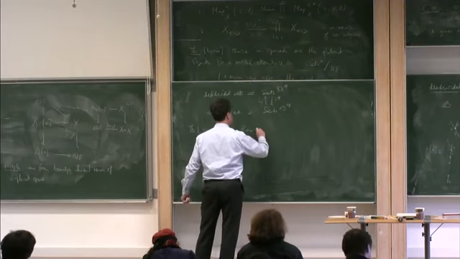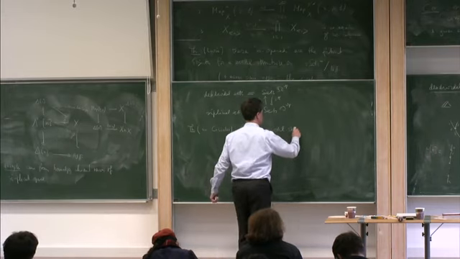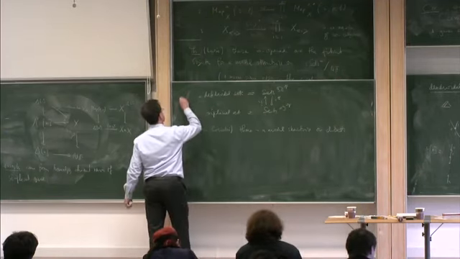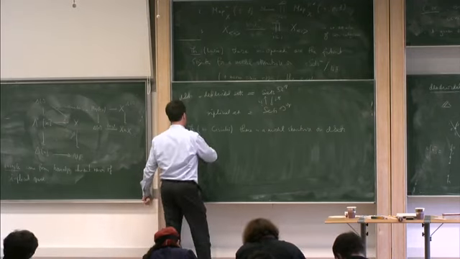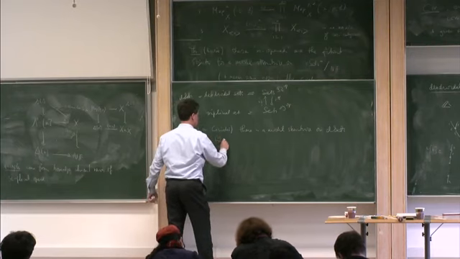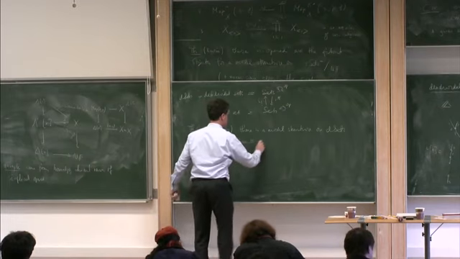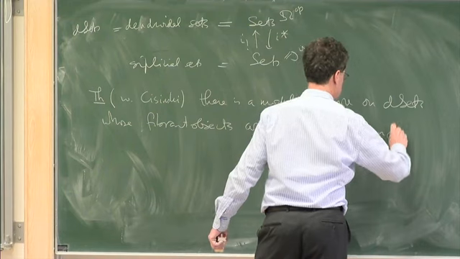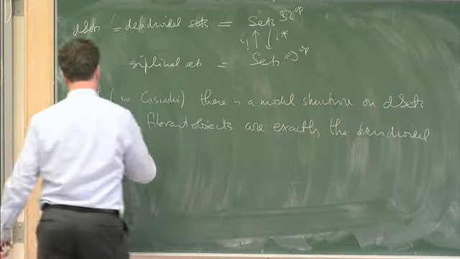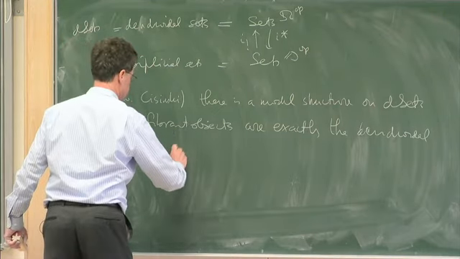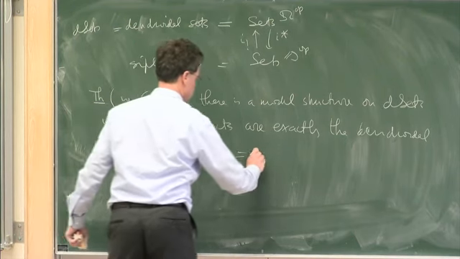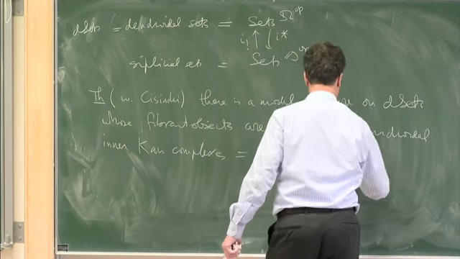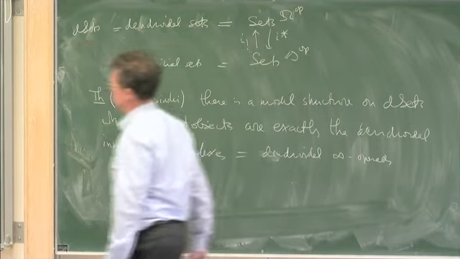There is a model structure on dendroidal sets, whose fibrant objects are exactly the dendroidal inner Kan complexes, alias dendroidal infinity-operads. And so I will tell you what these are.